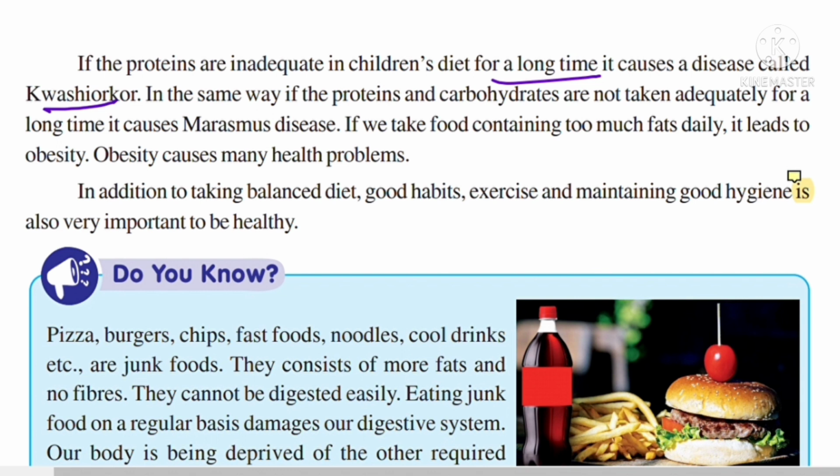The child's face looks fluffy, and the stomach, legs and hands will be swollen. In the same way, if proteins and carbohydrates are not taken adequately for a long time, it causes the disease marasmus.